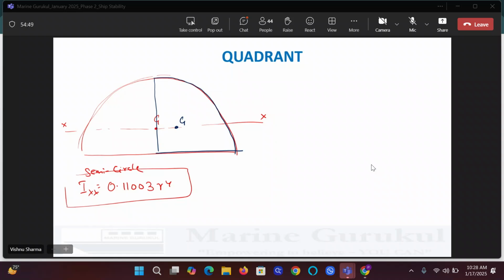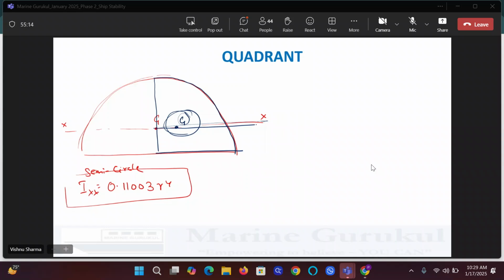Okay. Now, guys, in this case, this is the geometric center of the quadrant. Now, is the axis XX remaining same as for the semicircle? This axis through the blue G, is it remaining same as for the semicircle? Yes. And what are we doing?